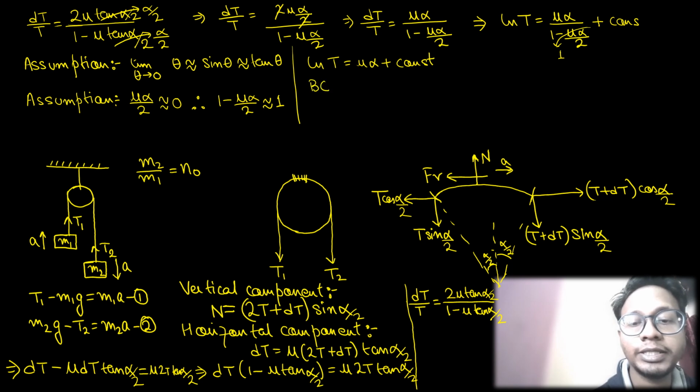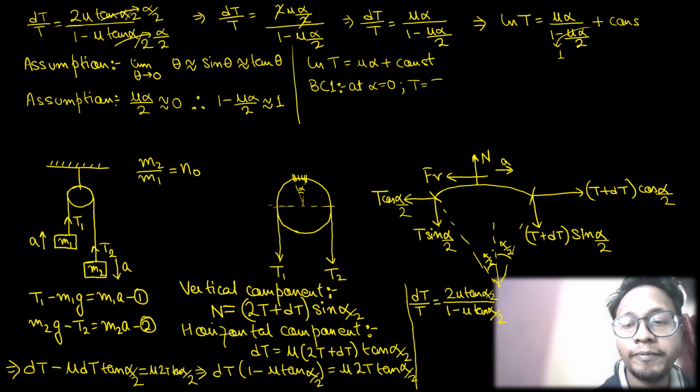So boundary condition 1. See, out here this was alpha by 2. This entire thing was alpha. So if we start from out here, at alpha is equal to 0, what is the value of T? At alpha is equal to 0, the value of T is T1.